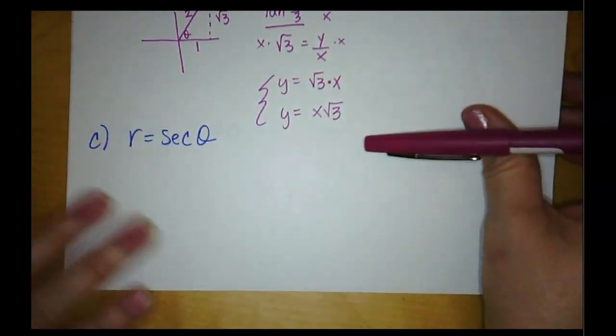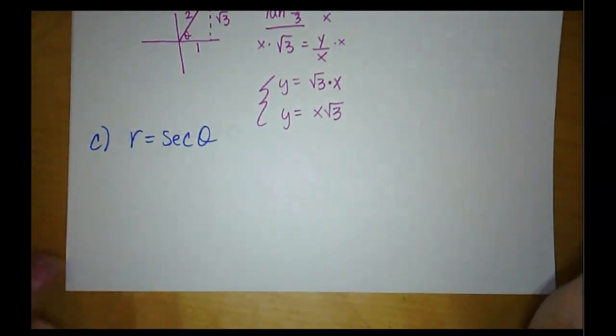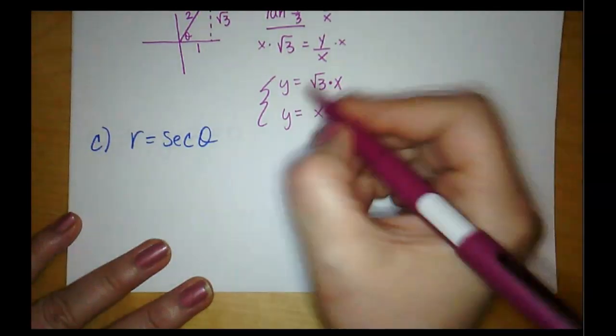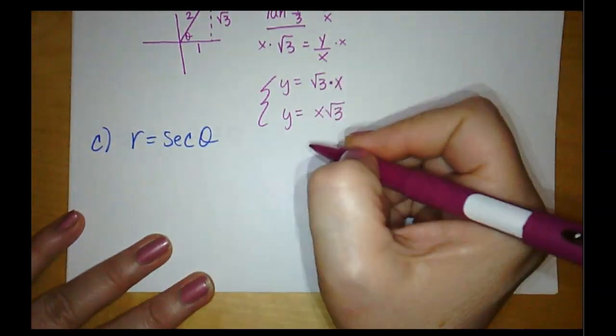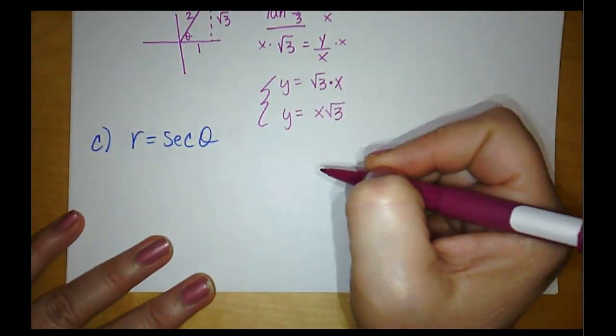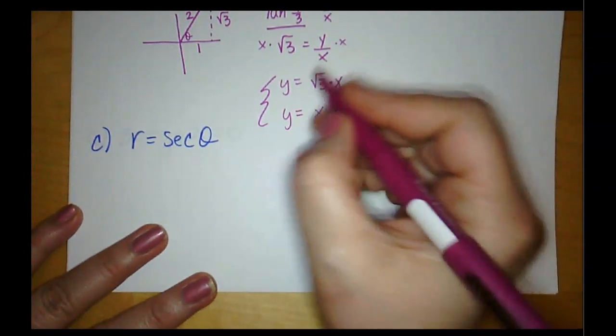All right, so the last one is going to be r equals secant of theta. And so basically, I'm going to use a trig identity here, because I would prefer to be dealing in terms of sine and cosine since our conversion facts are in terms of sine and cosine.